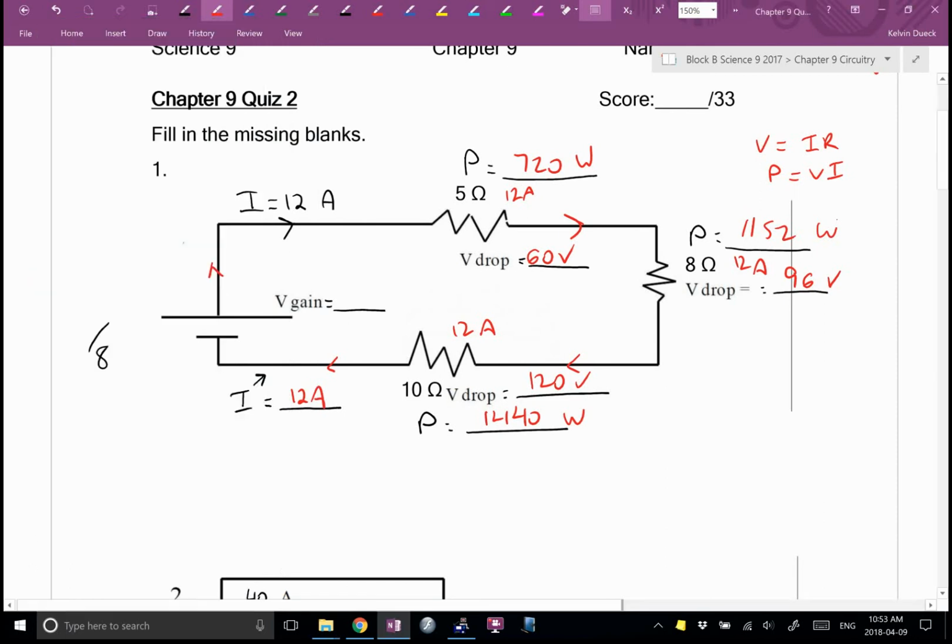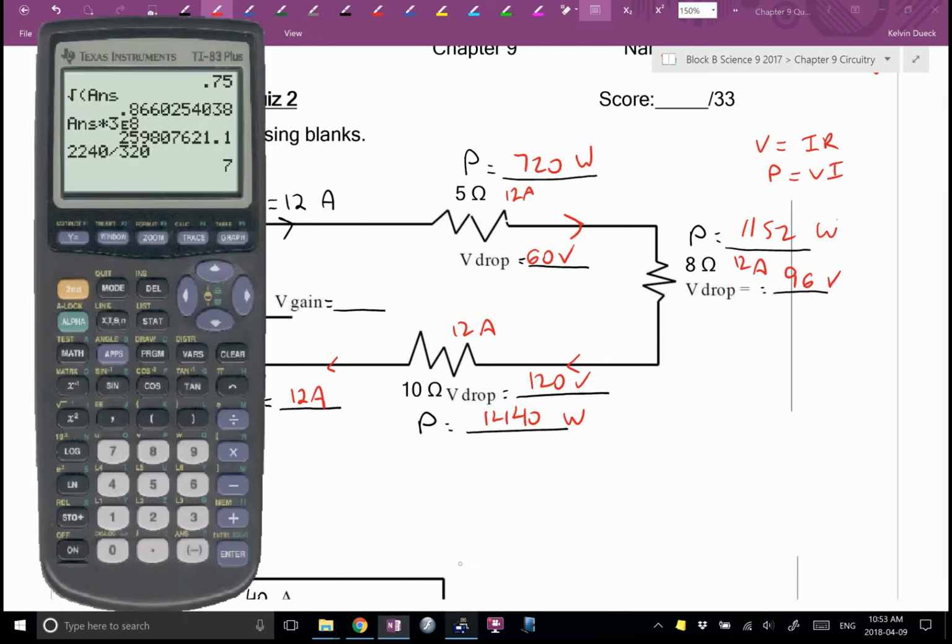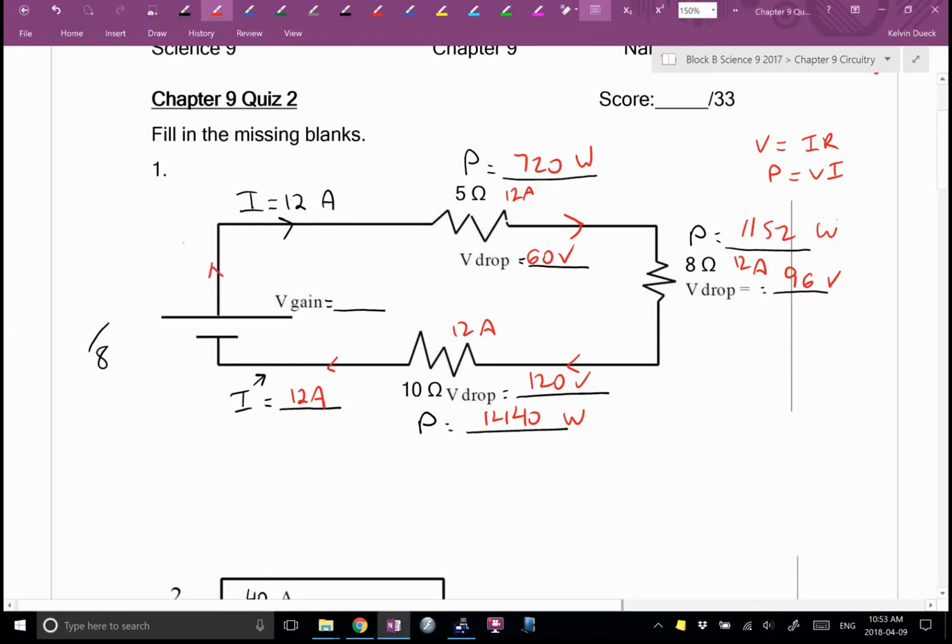Plus 96. Well, if I go 60... Oh, no. Say, plus. Yes, good. No, because we subtracted to find the missing resistors if we knew the chairlift. Here, we're trying to find the chairlift. We're going to have to add them all up. Plus 120. How big must this battery be? This is a pretty big battery, 276 volts.